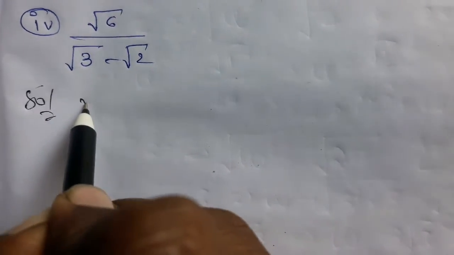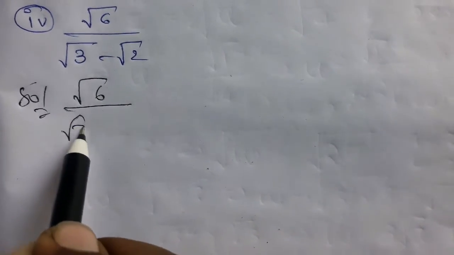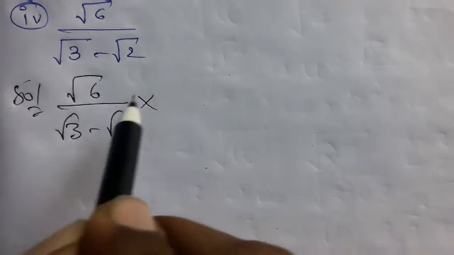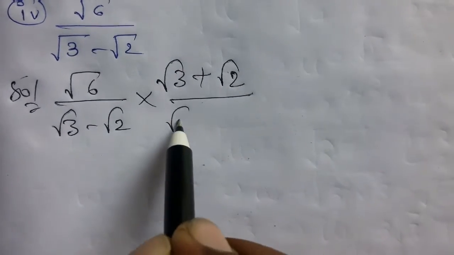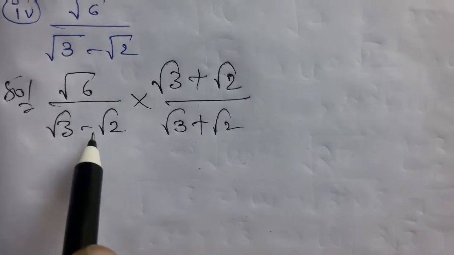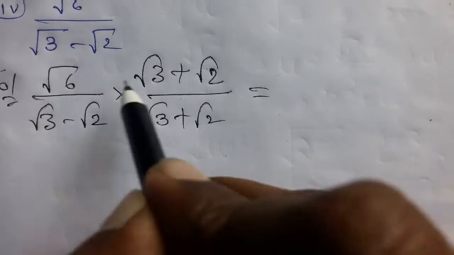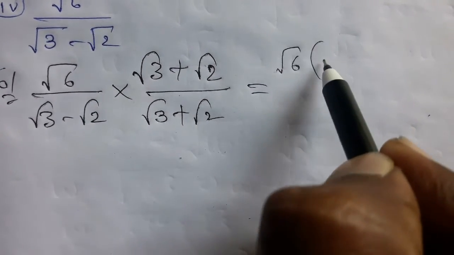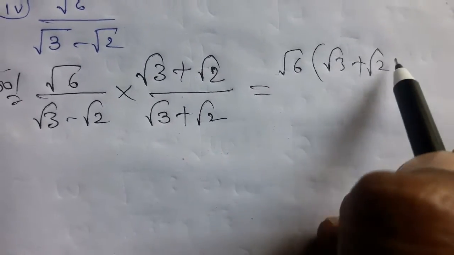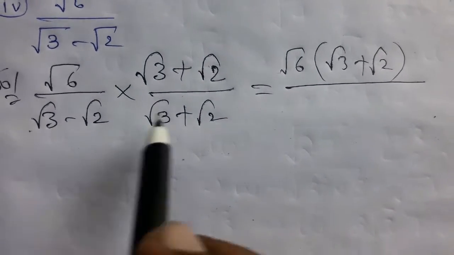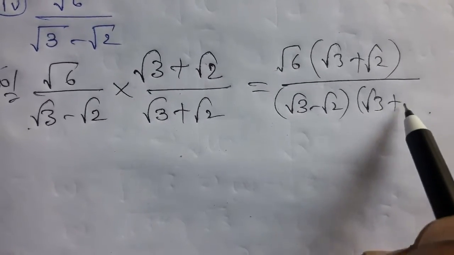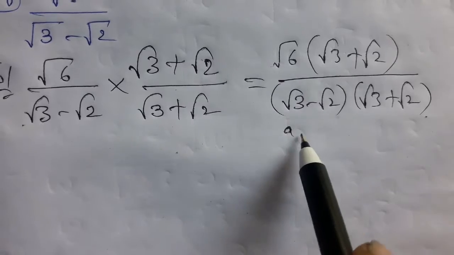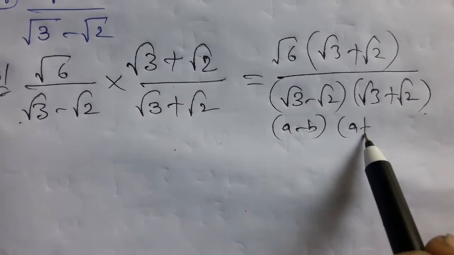See here, in this question solution, root 6 by root 3 minus root 2, rationalize by using root 3 plus root 2 by root 3 plus root 2. This can be written as root 6 into root 3 plus root 2 by root 3 minus root 2 into root 3 plus root 2. This is a minus b into a plus b form.